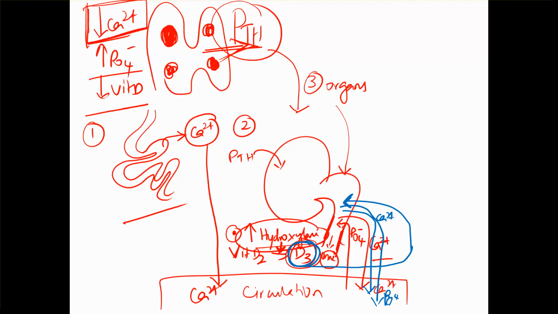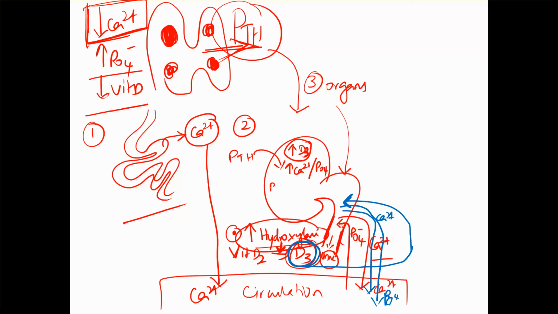Understand? So what is the net effect of parathyroid hormone on the kidney? They do two things. One is they increase the hydroxylase enzyme, they form the vitamin D3. And what this vitamin D3 does, in the circulation they increase the calcium and phosphate.